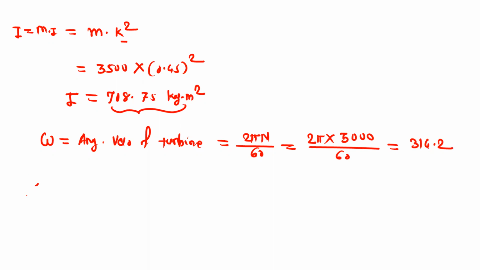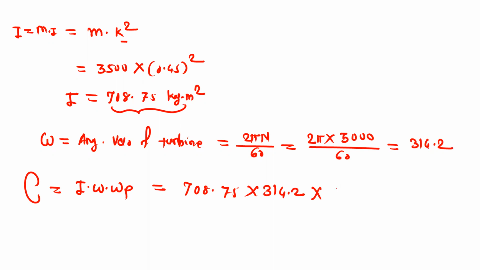And the gyroscopic couple, which is C, this is I omega into omega p. So this is equal to 708.75 into 314.2 into the omega p value. This is equal to 0.1. Okay. So calculate this value.